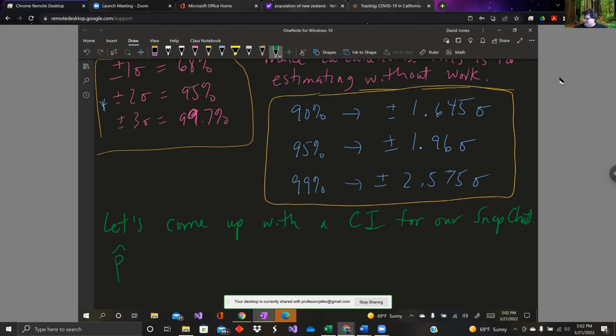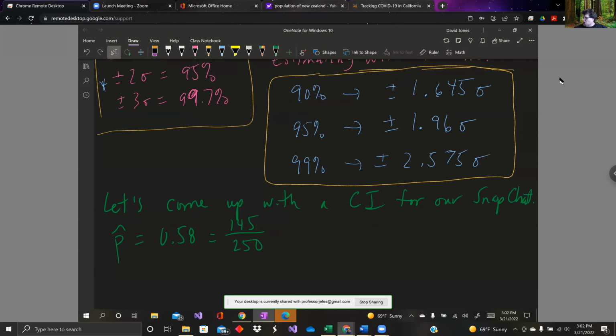My target estimate was 0.58, and that came from 145 out of 250. Recall, the mean of a proportion is equal to that rate. So this is actually my mean. Mean is 0.58.